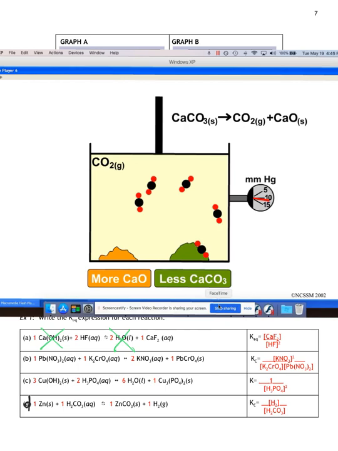Finish all the rest of the problems from B to D. Also notice that the K could be Keq or Kc, where C stands for concentrations, and they're all in concentration units. And then there's also K, where you don't see any subscripts. That will also mean equilibrium.